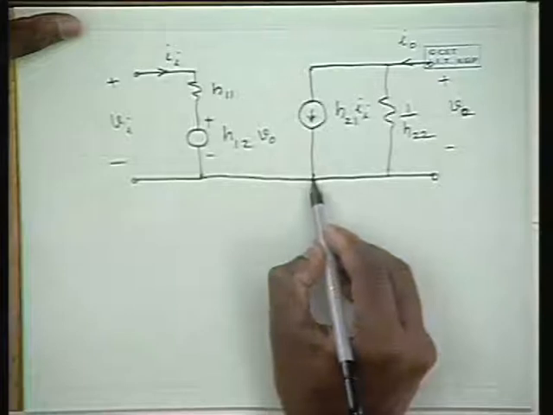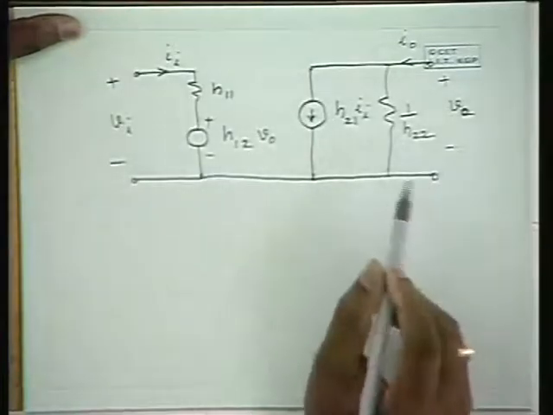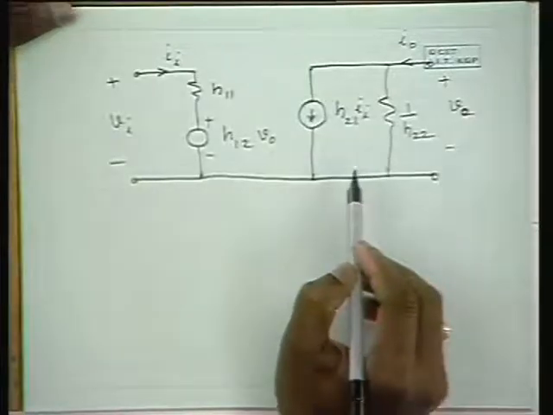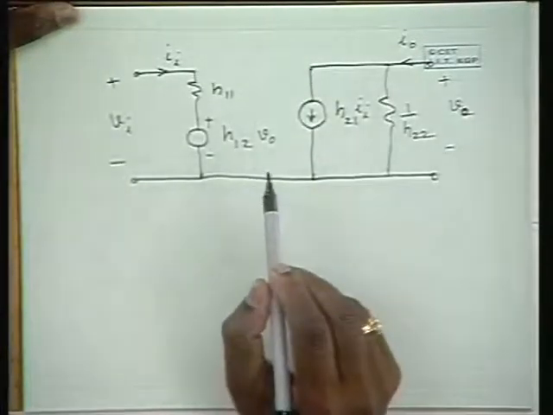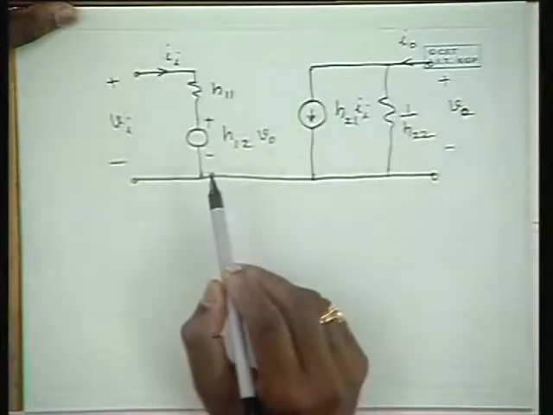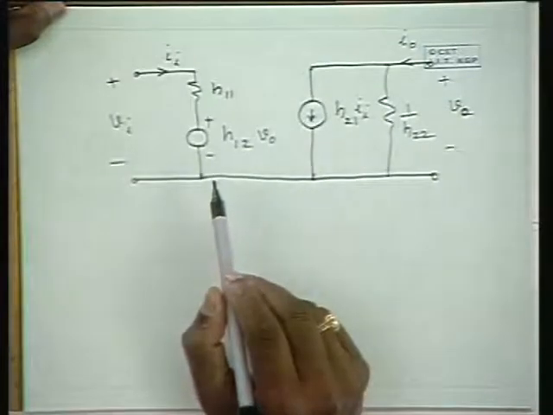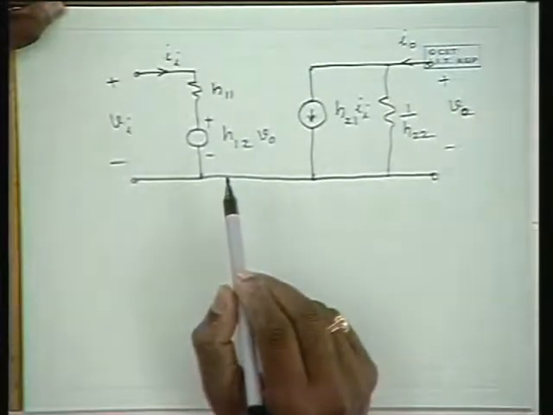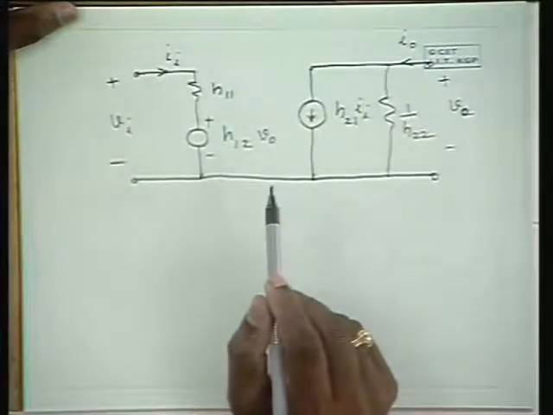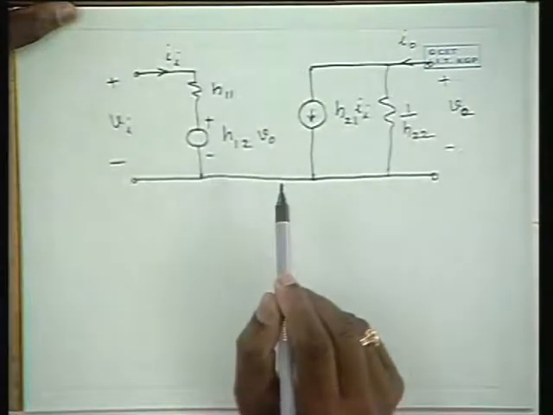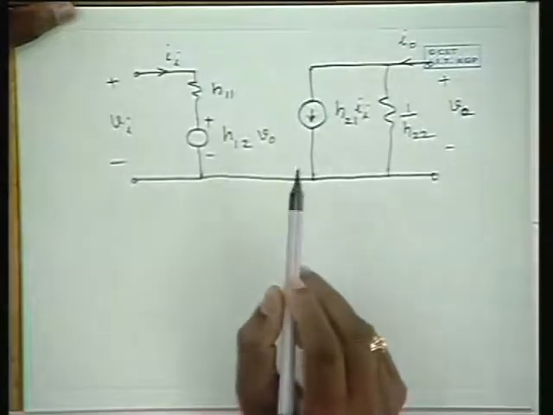So, I repeat, when one of the terminals is common between output and input, which is true in the case of transistors, because the transistor is a 3-terminal device, and when you use it as an amplifier, either emitter is common or base is common or collector is common. That is why we have common emitter, common base and common collector amplifiers.